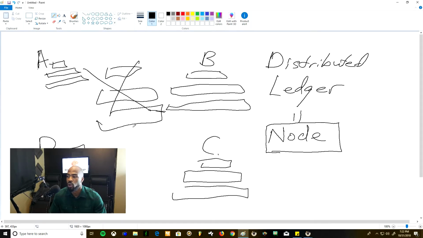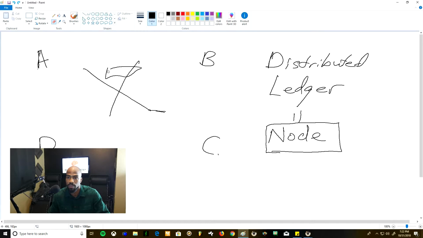It also makes it so that each transaction can be done faster because there is no centralized one person you have to wait for. Everybody has their own copy of the node, therefore everything can be decentralized, okay? And we're going to dig a little deeper into the distributed ledger, and we're going to talk about something called miners, okay?